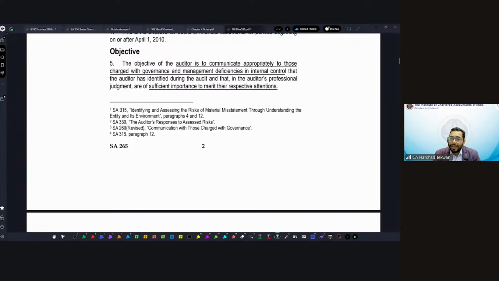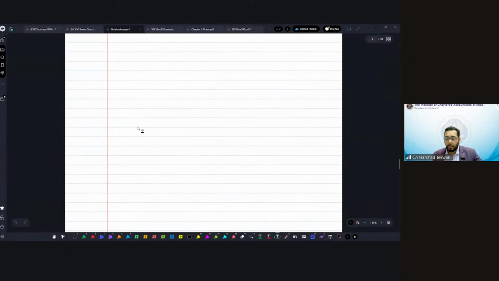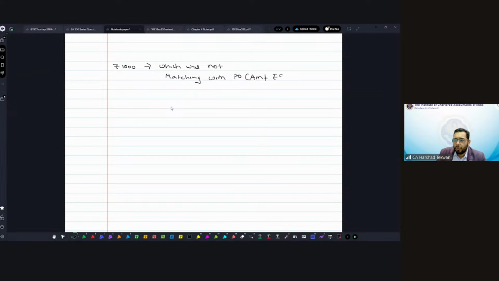So let's say, for example, I'll explain the significant part again with an example. Let's say there is an invoice of 1,000 rupees which was not matching with the PO. The PO amount was, let's say, 950 rupees, but the vendor sent me an invoice of 1,000.